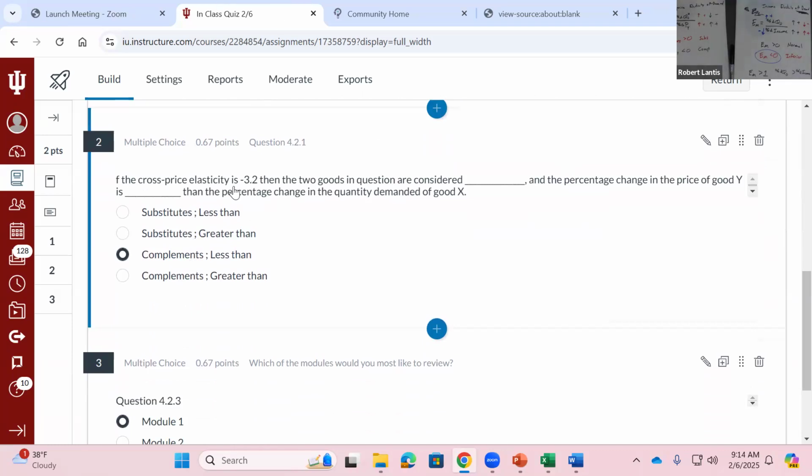Here, the only way that I can get the magnitude to be above 1 is if the numerator is larger. So the percentage change in the price of good Y must have been less than the percent change in quantity demanded.